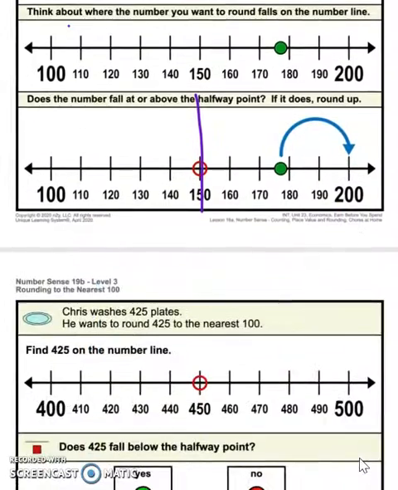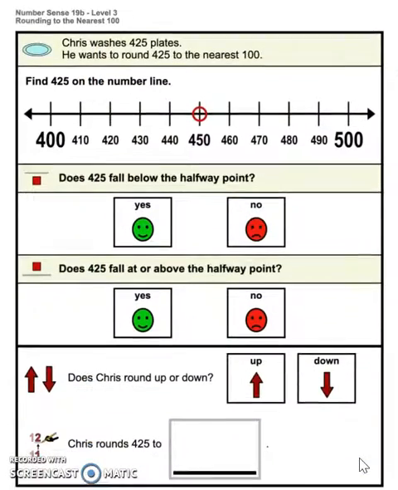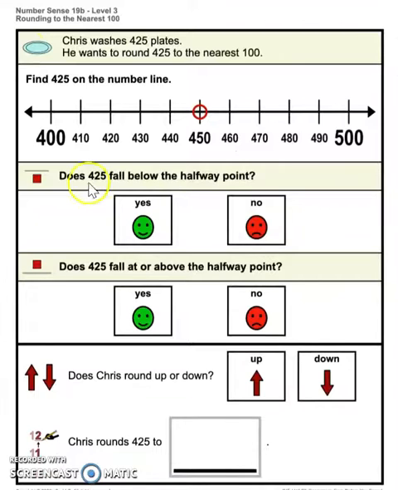Now we're going to do a problem together. Here's our question. Chris washes 425 plates. He wants to round 425 to the nearest 100. So remember, our first step is to find our number on the number line.